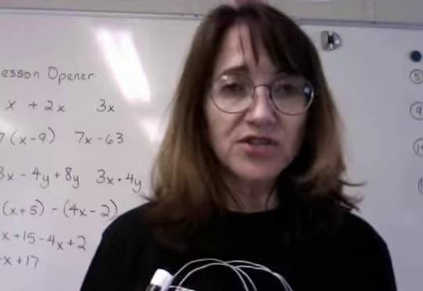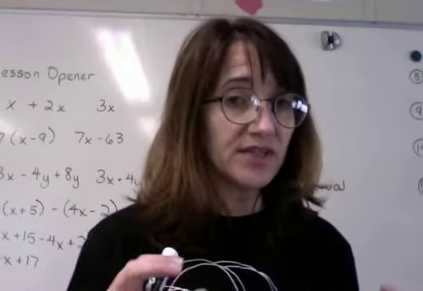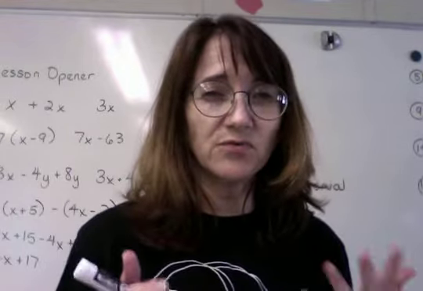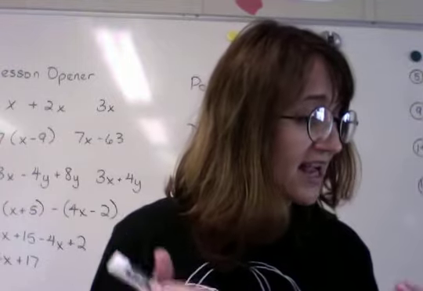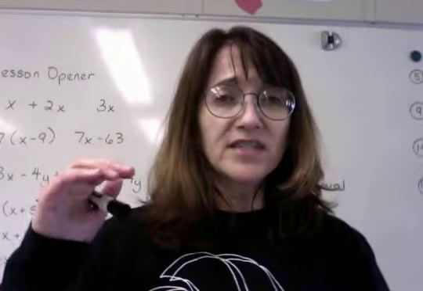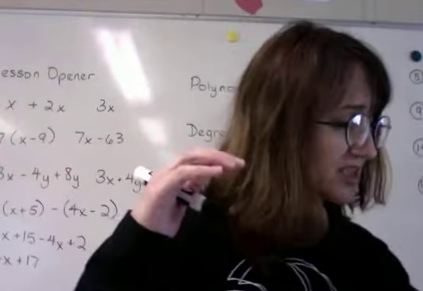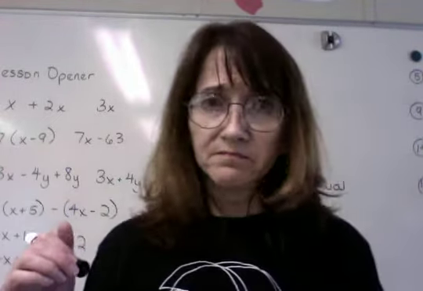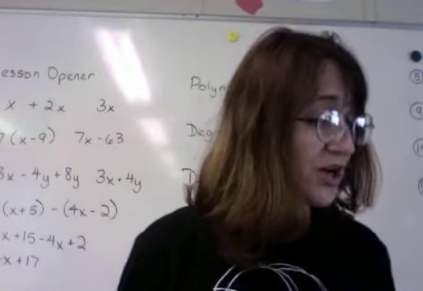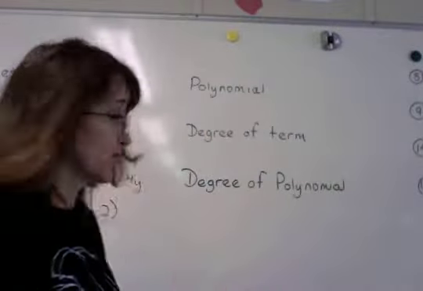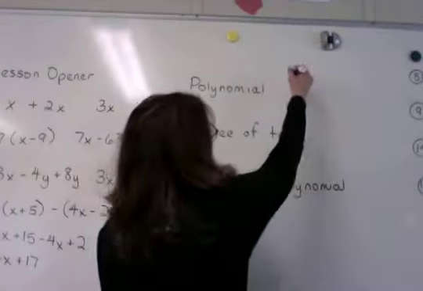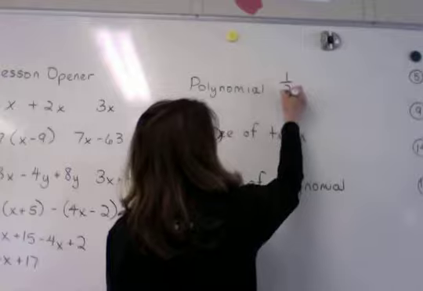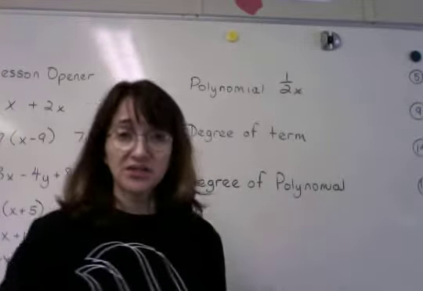I want you to concentrate on the paragraph that's right underneath that table because it's telling you something really important. It's actually explaining what it said up here when it said variables with non-negative integral exponents. What does that mean? If you have an expression that looks like 1/2 x, that's a term.